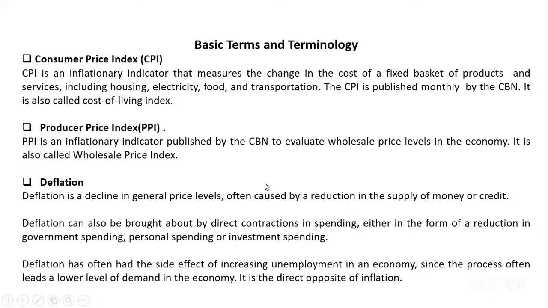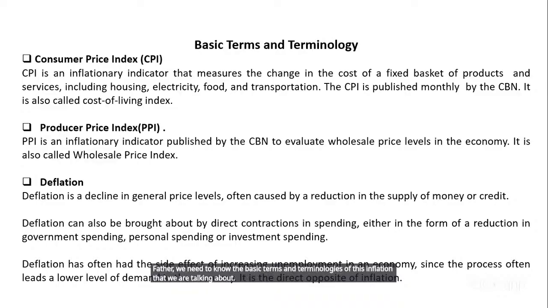Going further, we need to know the basic terms and terminologies of the inflation that we are talking about. Number one, the consumer price index. What is the consumer price index?